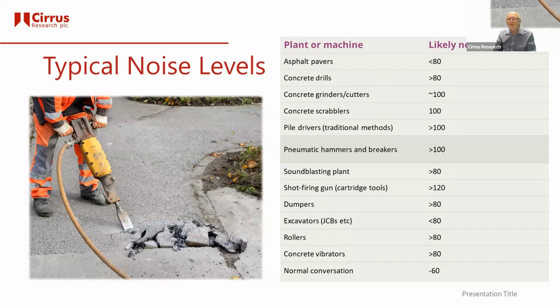There's a whole range of different noises. But the annoying ones are likely to be approaching 100 plus decibels at the source, and that is likely to work its way out of the site and start to annoy people if we're not careful.